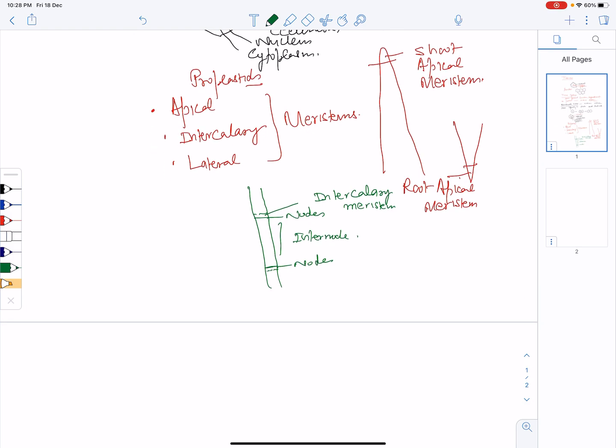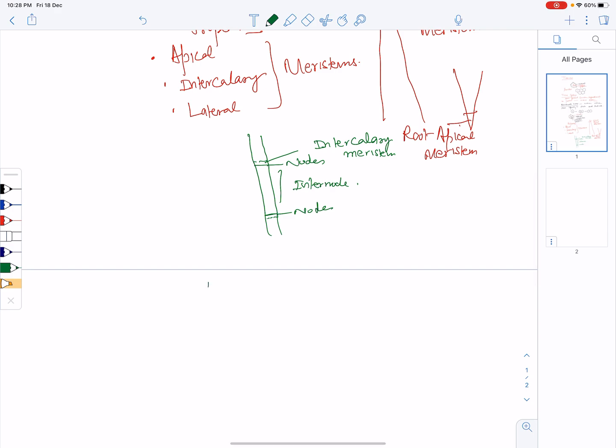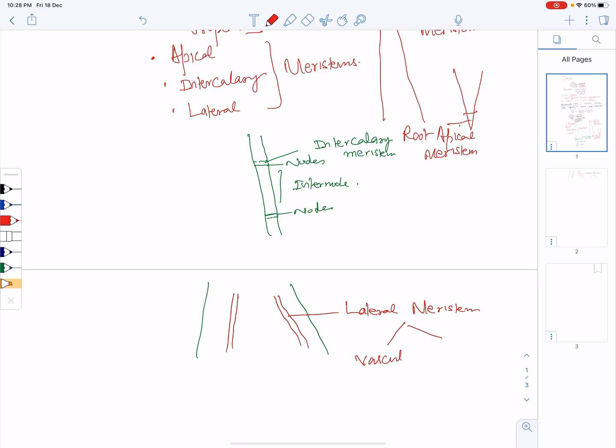Similarly, if in a shoot system, meristem is positioned like this in a lateral way, this will help in isodiametric growth, or we can say this helps in secondary growth. Vascular cambium, cork cambium.